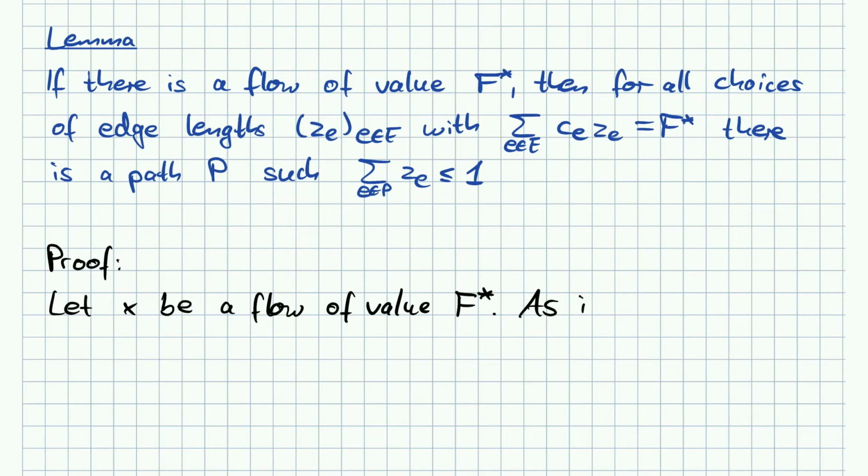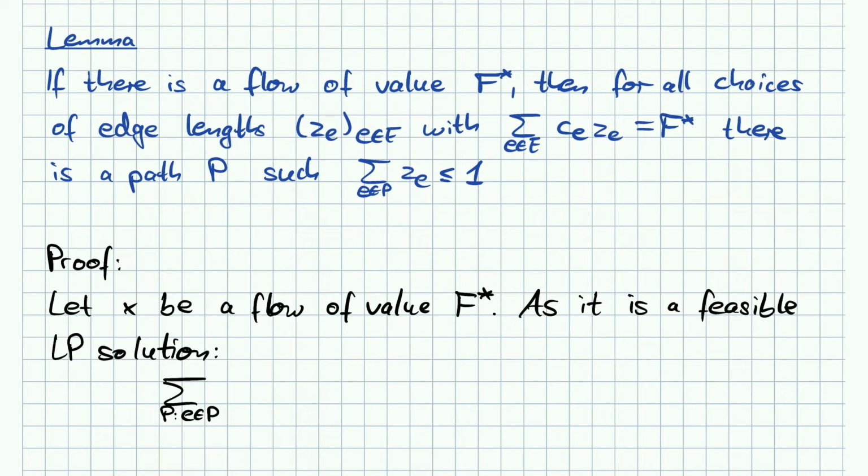As it is a feasible LP solution, what do we have? We have that on every edge, the sum of the flows along the paths that include this edge is no more than the capacity of the edge.